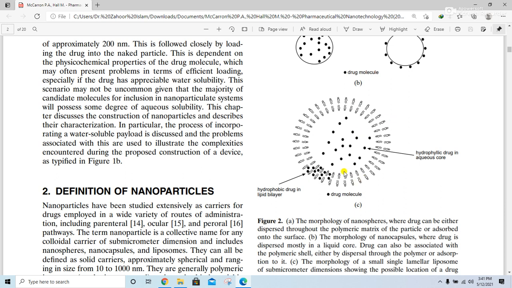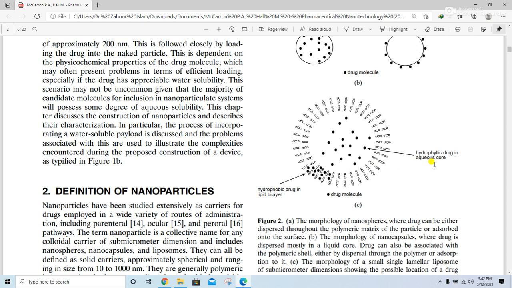So in this diagram, you can see this is a drug molecule. This portion is called the aqueous core, hydrophilic drug and aqueous core. So the hydrophilic drugs are dispersed or incorporated in the aqueous core. While here in this case, these are hydrophobic drugs, in the lipid bilayer, which is water hating. So here the hydrophobic drug is sandwiched, or embedded and incorporated, in the lipid bilayer.